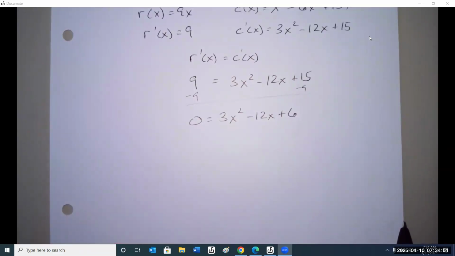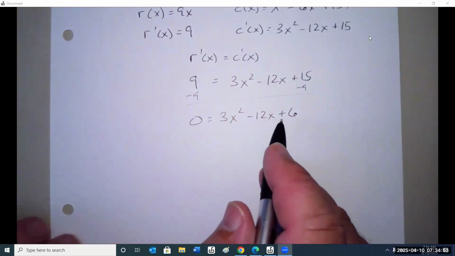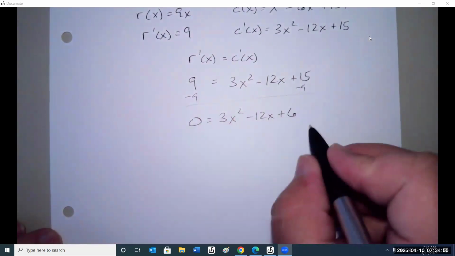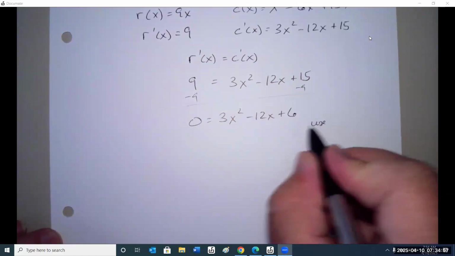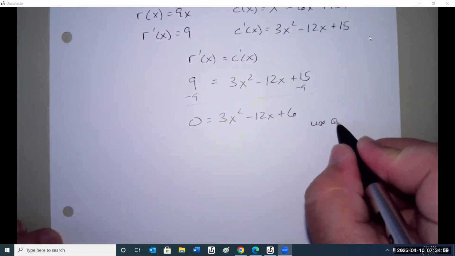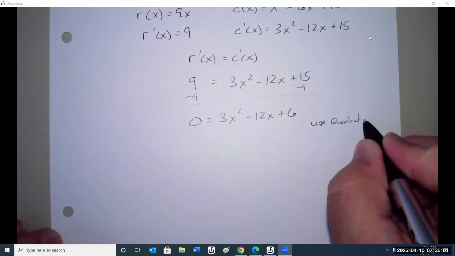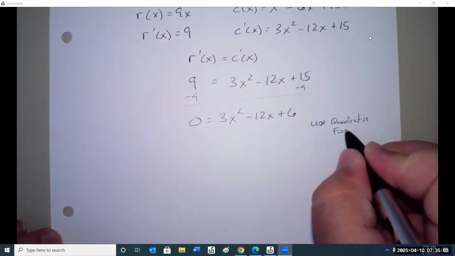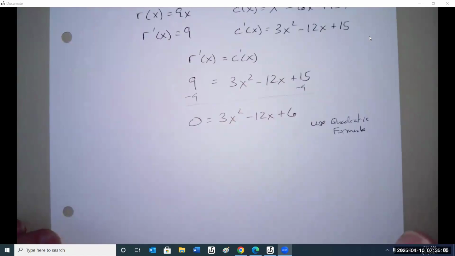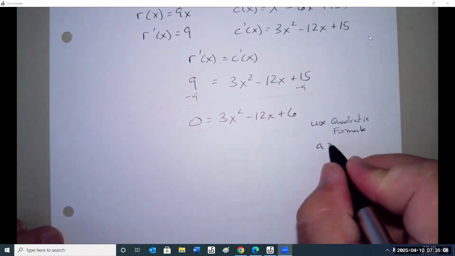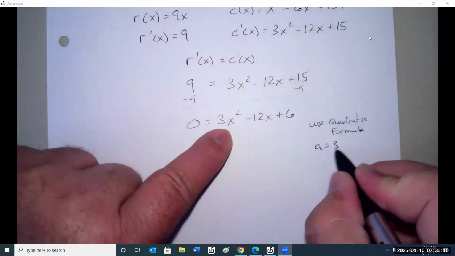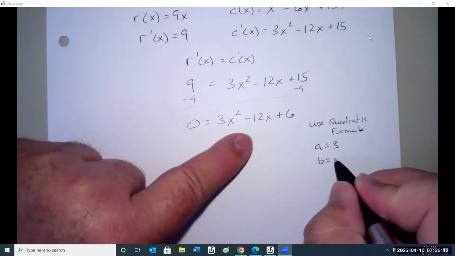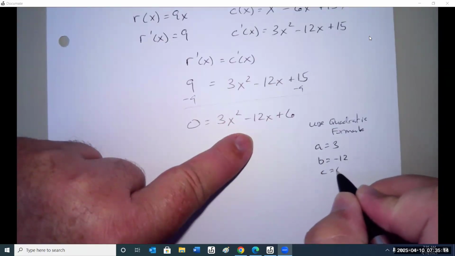Okay, so this thing can't be factored. So use the quadratic formula. We need A, which is the coefficient, which is 3, B, which is negative 12, and C is 6.